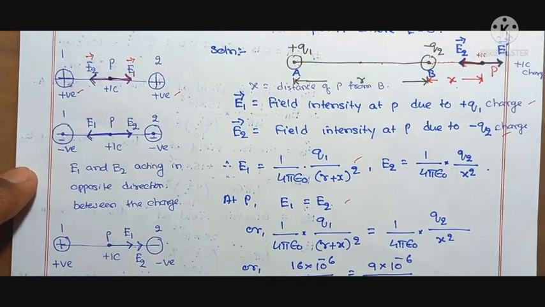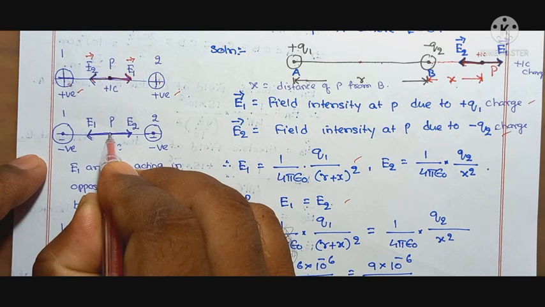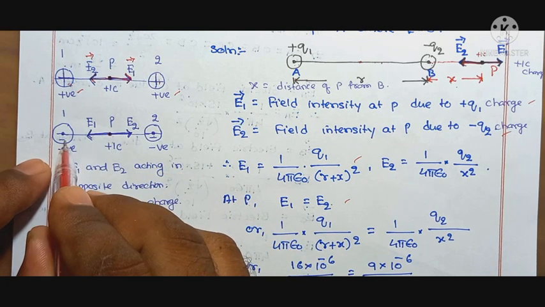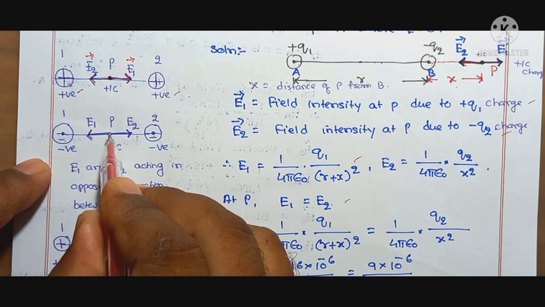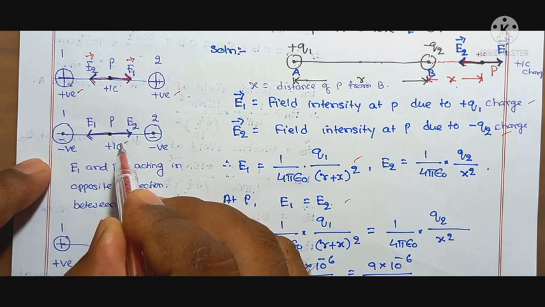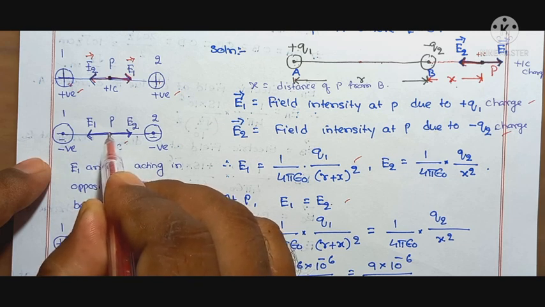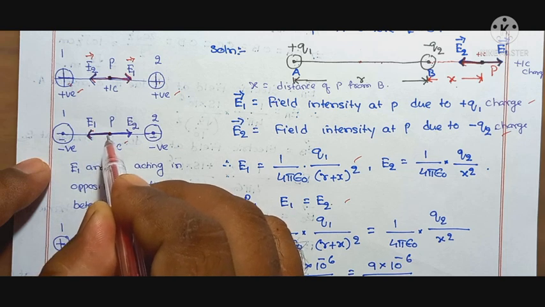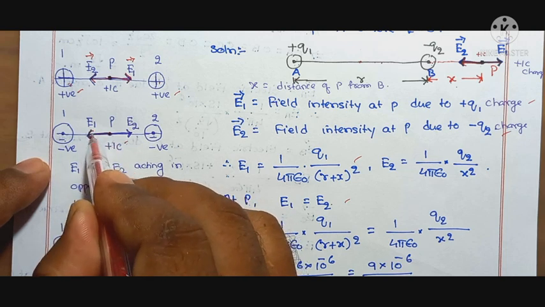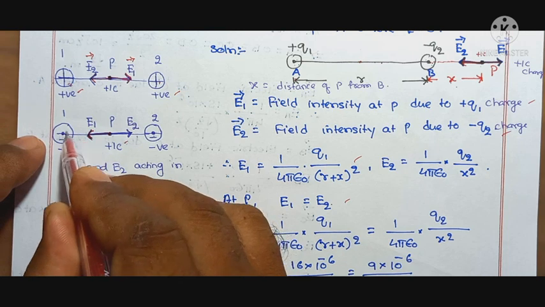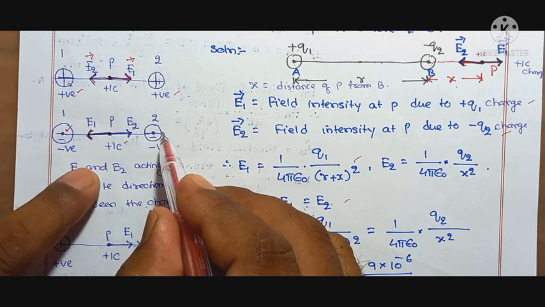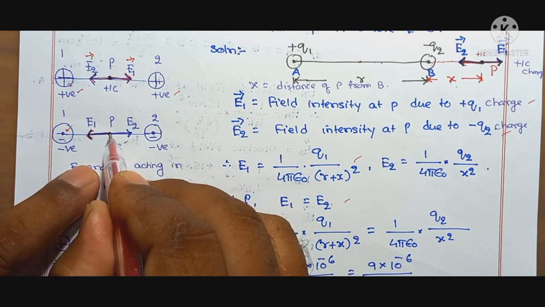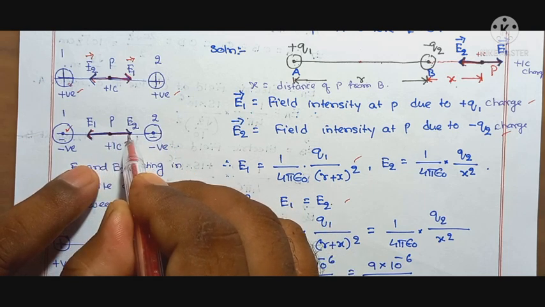Similarly, when both the charges are negative, say this is the observation point P, ये हम लोग का नेगेटिव चार्ज हुआ, यहाँ इन द ऑब्जर्वेशन पॉइंट में हम लोग प्लस 1 coulomb चार्ज प्लेस करेंगे. देन दिस प्लस 1 coulomb चार्ज will move in this direction. So electric field intensity E1 is due to this negative charge. Now due to this negative charge, this plus 1 coulomb charge will move in this direction.